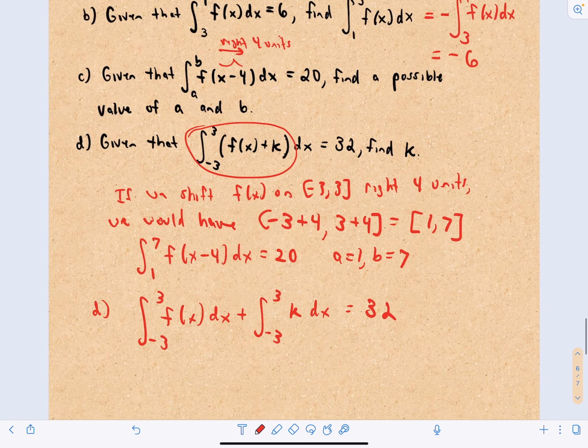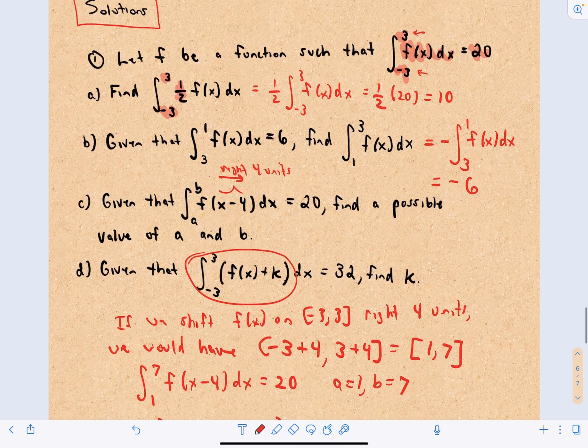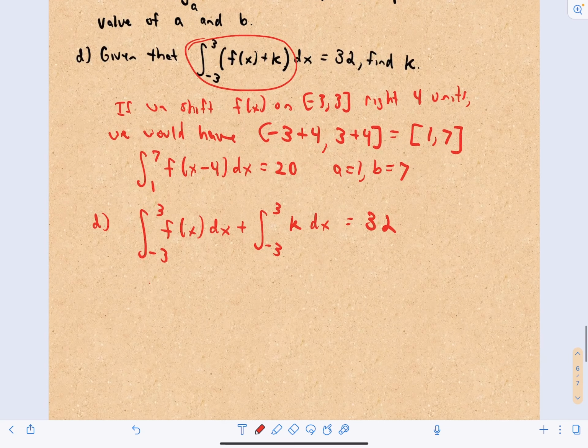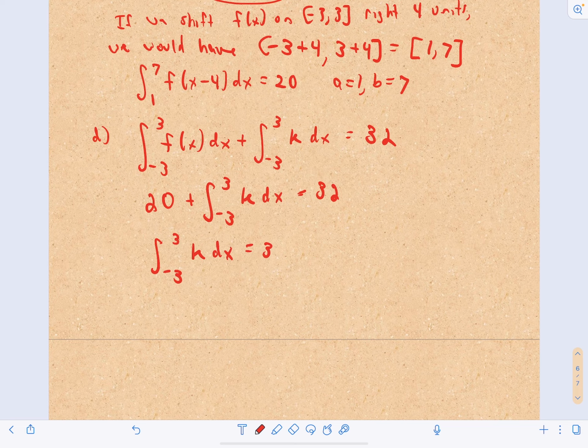Well, from -3 to 3, we said our function's integral was equal to just 20. Okay, so we can subtract 20 from both sides. So the integral from -3 to 3 of k dx, we want that to equal, not 32, but 12. 32 minus 20 will be 12.